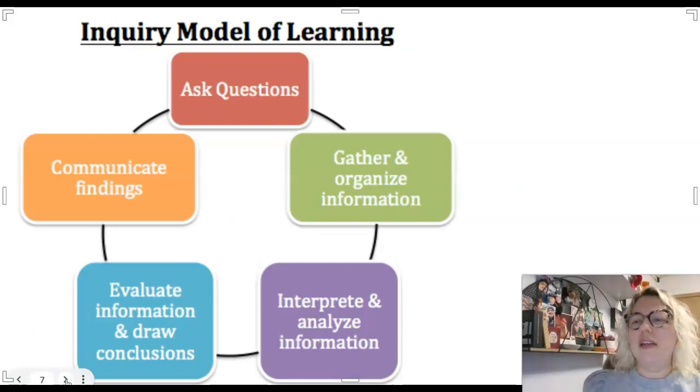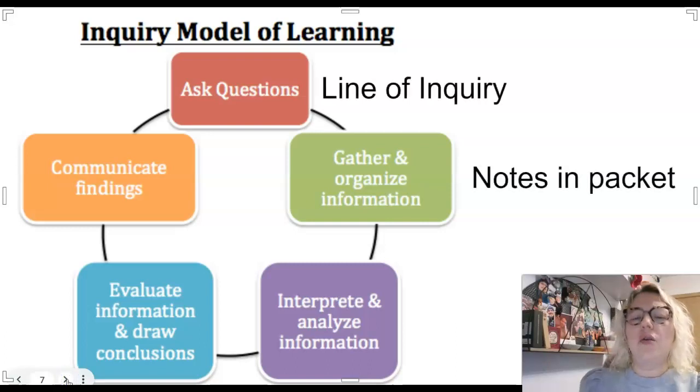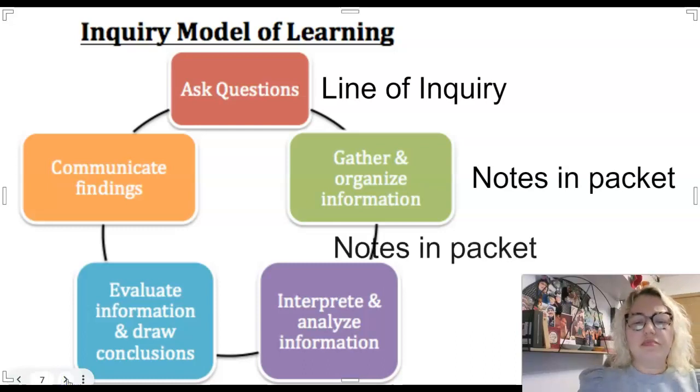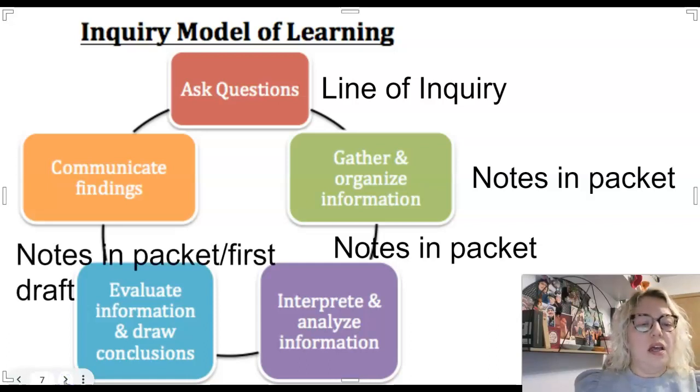A reminder that the line of inquiry idea comes from the inquiry model of learning, where we ask a question and then we gather and organize information. We interpret and analyze the information. In our case, it's the text we're doing that on. And then we evaluate it, draw conclusions, make interpretations.